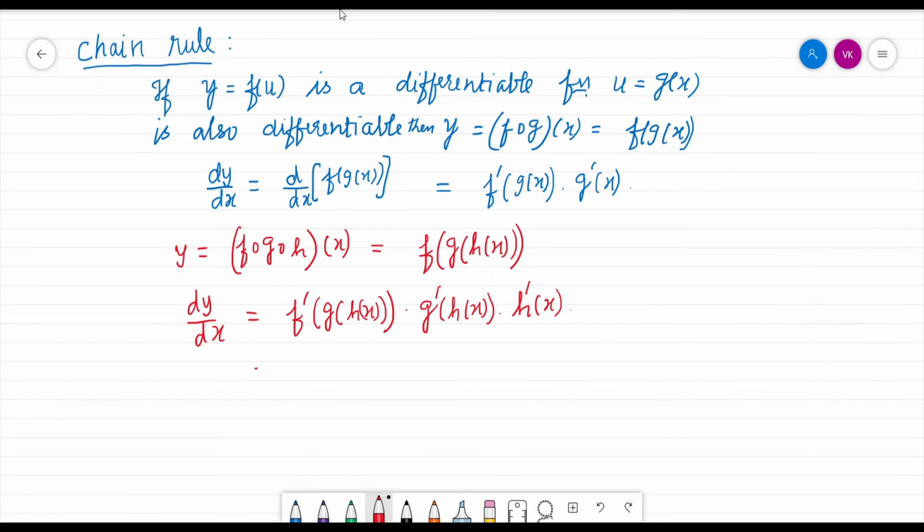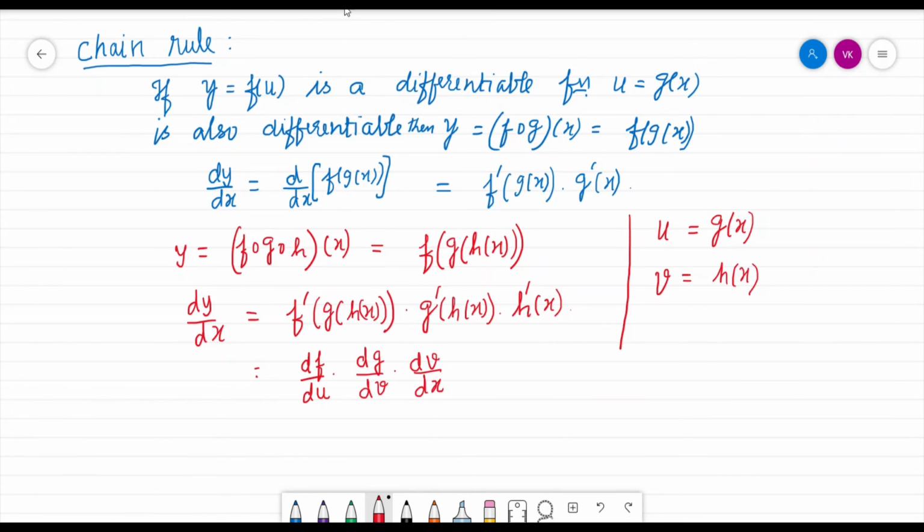Or simply speaking, if u is equal to g of x and v is equal to h of x, then the derivative is going to be df by du into dg by dv into dv by dx.